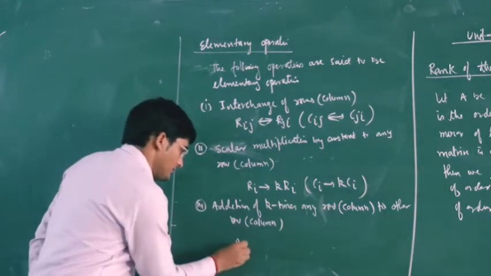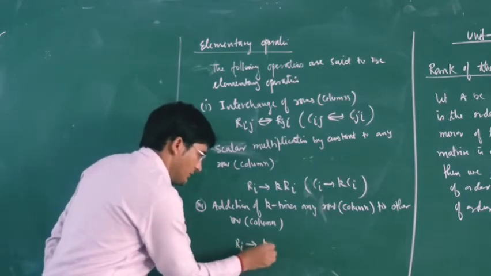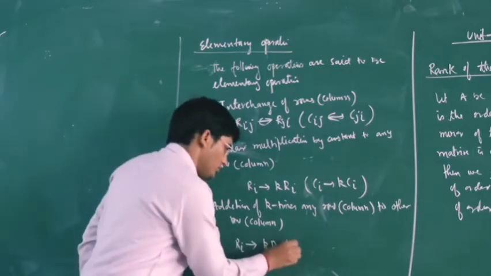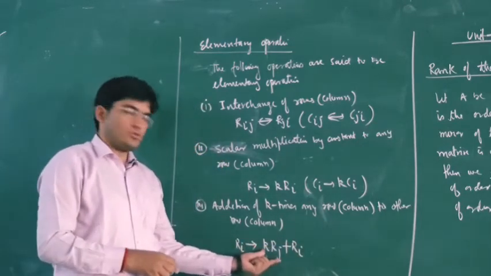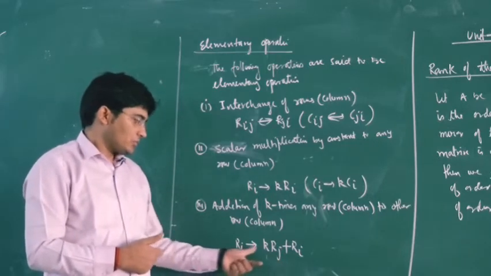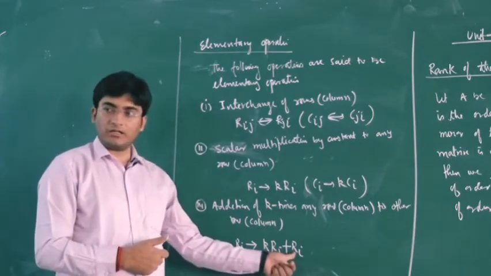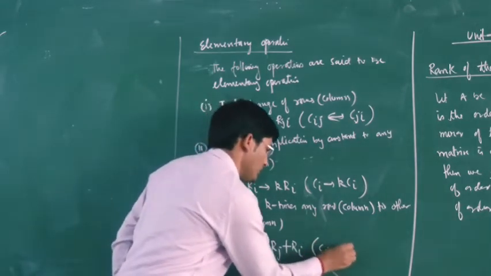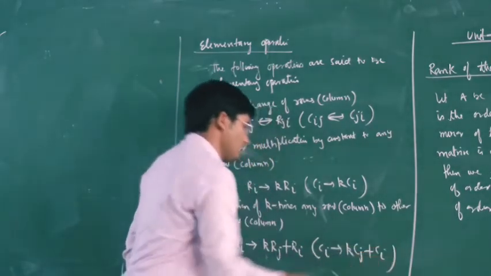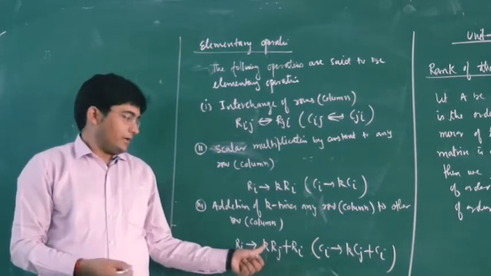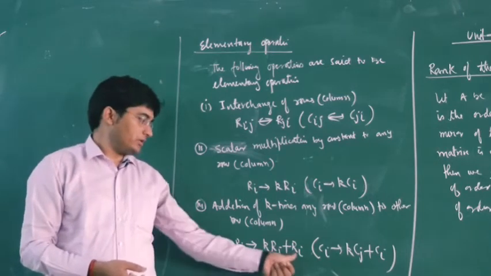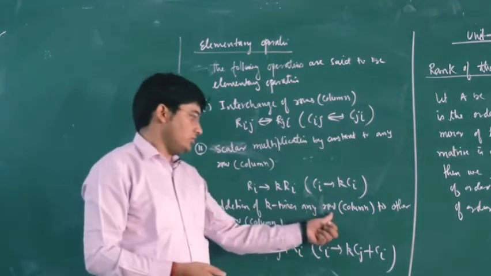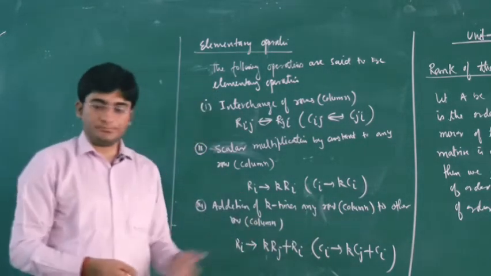Here we can write it as, now suppose that we multiply the jth row by k and then we add this k times jth row to the ith row. So k times jth row plus ith row is Ri. Then similarly we can have Ci equal to k times Cj plus Ci. So this is the addition of k times of any row to other row.